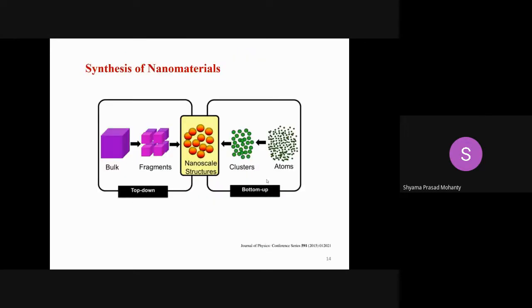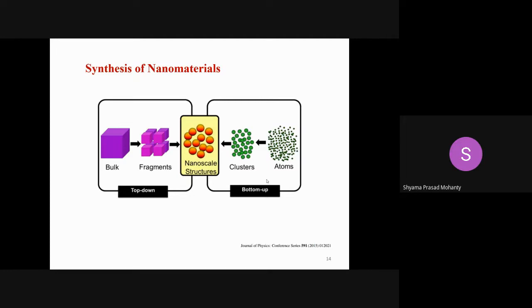So we have discussed different processes for the production of carbon nanotubes. Basically, when we come to the synthesis of nanomaterials, there are two approaches. One is the top-down approach, another one is the bottom-up approach.